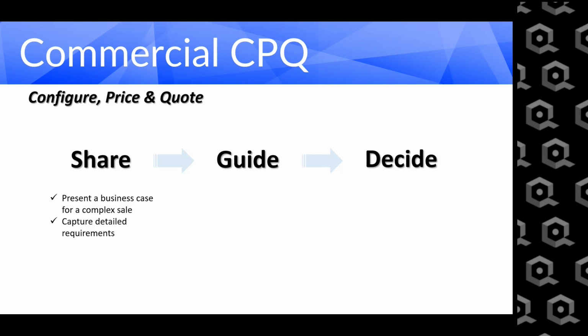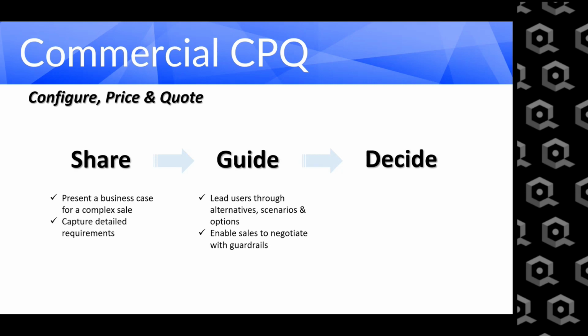Also, we can utilize Quantrix, and you've seen a couple examples already, to help the customer see what information we need from them and help us capture the detailed requirements of their purchase and the needs that they need fulfilled, and hopefully can be fulfilled by the products that you're selling.